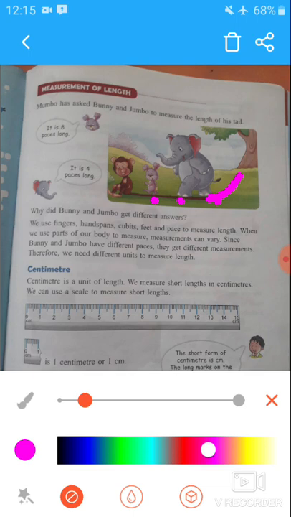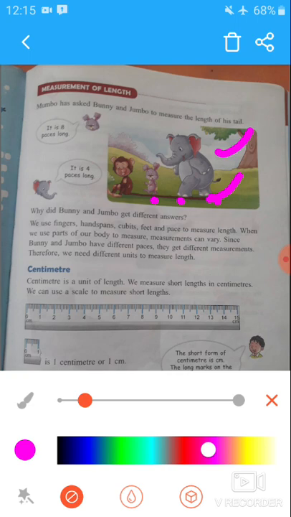Whose feet are longer, Bunny or Jumbo? Yes, Jumbo. So Bunny and Jumbo both have different sizes. That's why here we get different answers.